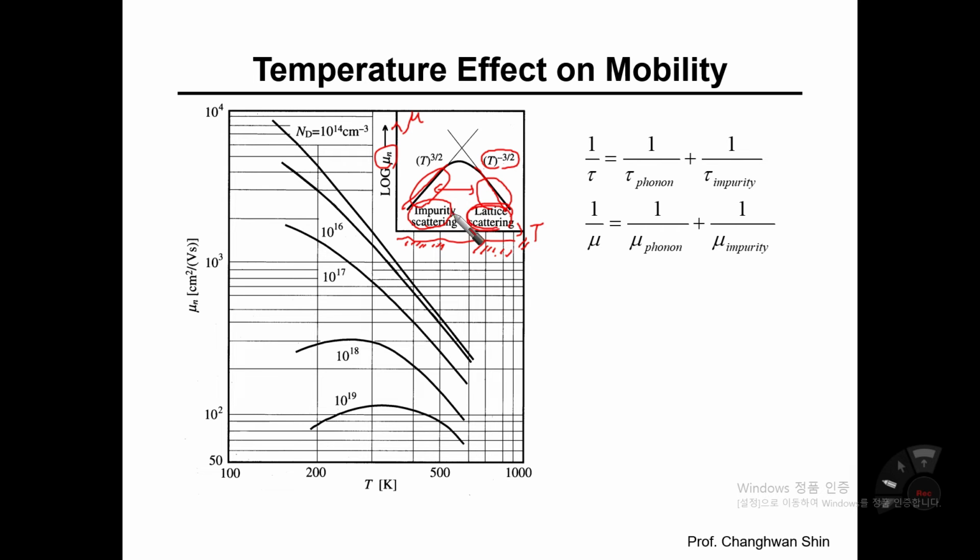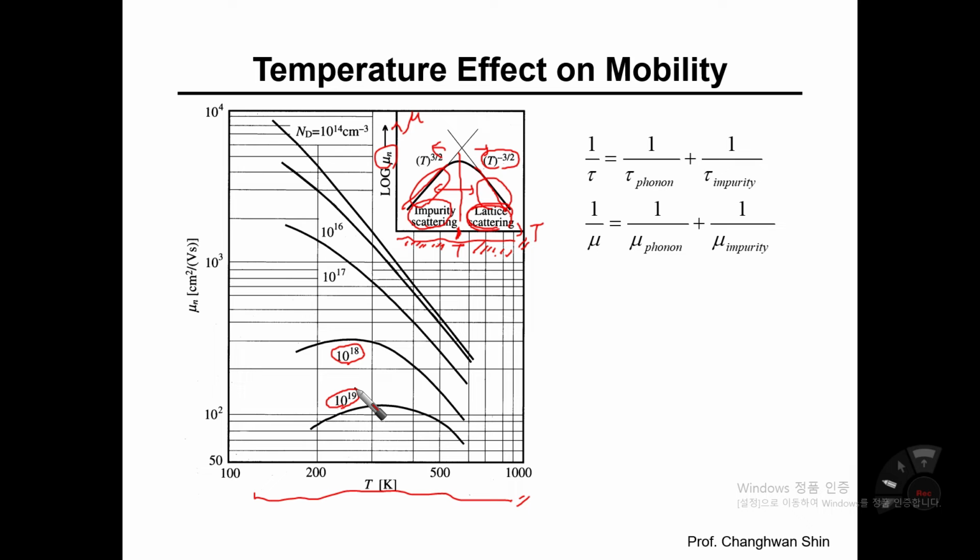Then the question is, what is the critical temperature to separate the left side and right side area? In this data, all the solid black colored lines indicate the measured data. When the silicon sample is heavily doped, 10 to the 18, that is the critical doping concentration to classify whether this silicon is degenerately doped or not.